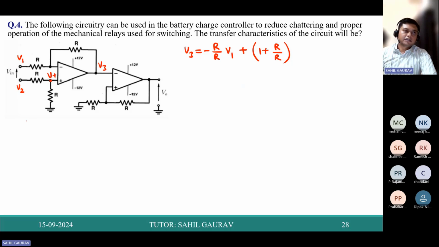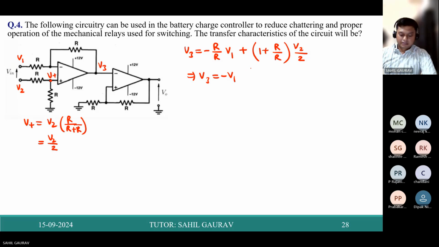Here V plus will be V2 into R upon R plus R, so it will be V2 upon 2. So here 1 plus R upon R into V2 by 2. So V3 equals minus V1 plus V2. So you can write V3 equal to minus V in.